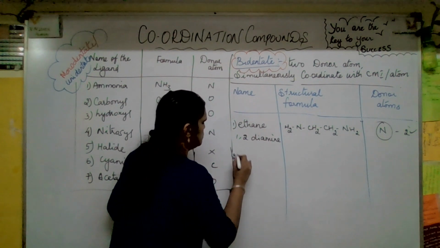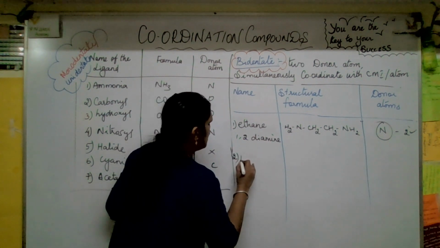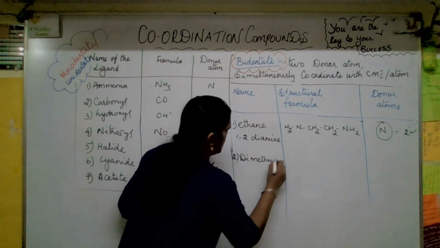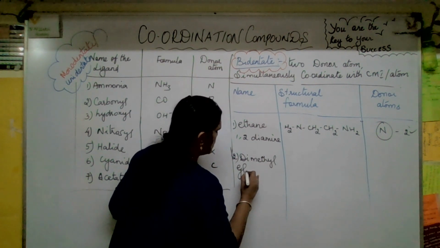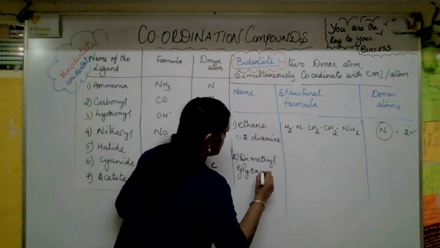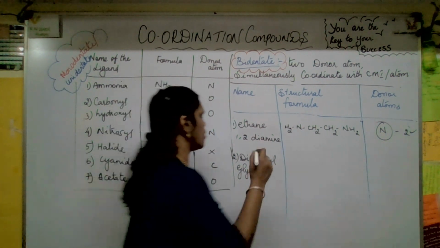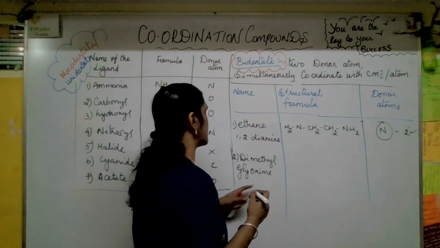The second one, dimethyl glyoxime. Oxime compounds we have learnt in amino compounds, right? Like glycol, glycerol, in that way, glyoxime.